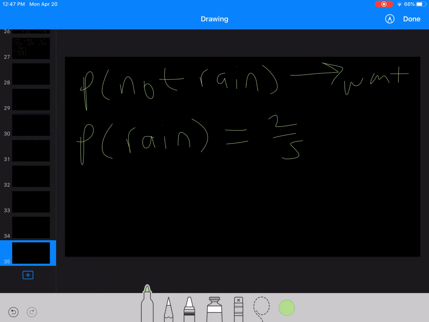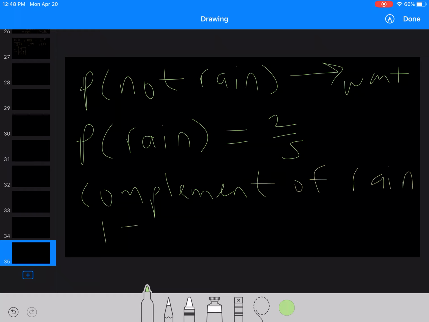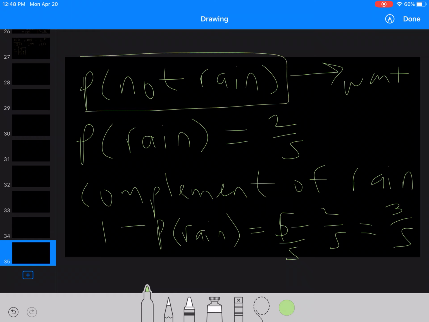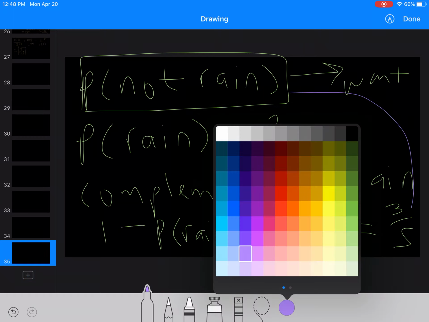So we need to do the complement of rain, which is not rain. So remember, we can do 1 minus our probability, in this case of rain, to find the probability of not rain. So 1 minus 2/5, well, when we do a common denominator of 5, will be 3/5. So that's not rain will be 3/5.